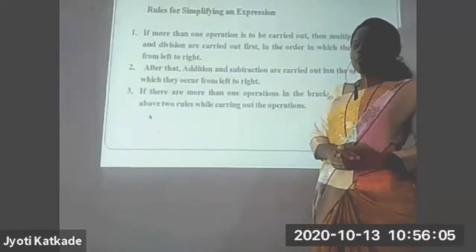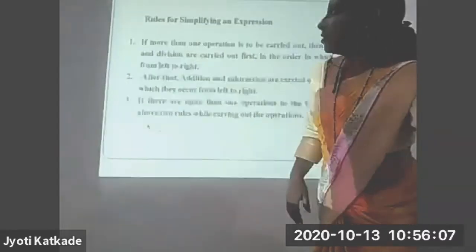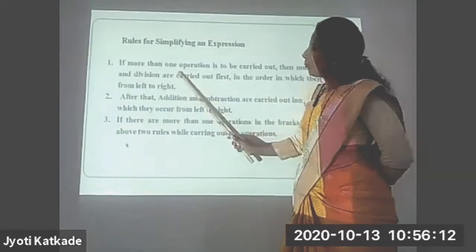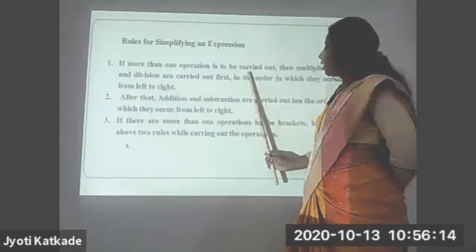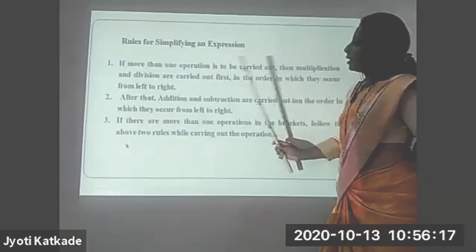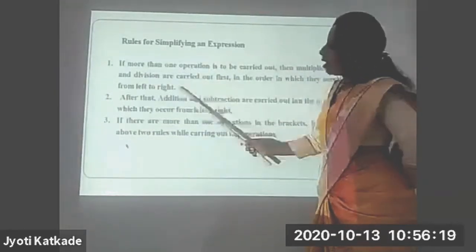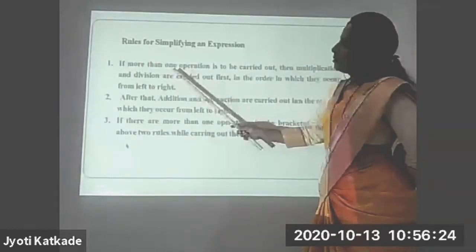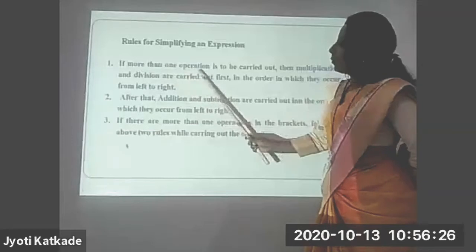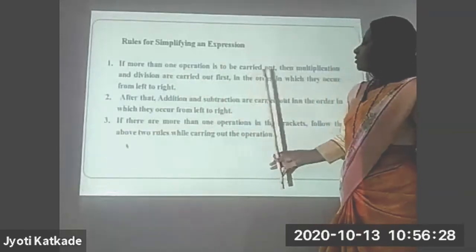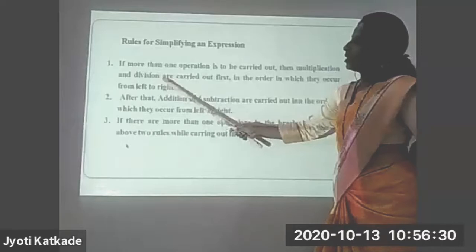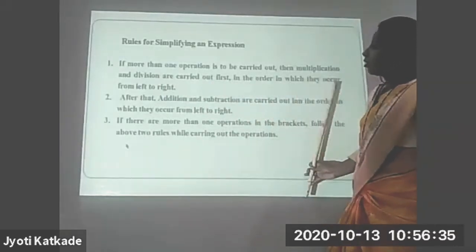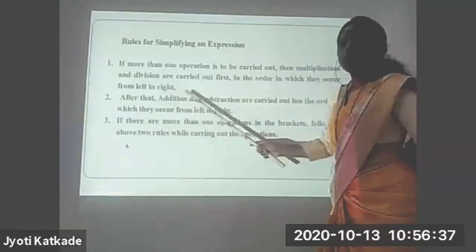Okay. Now see, first rule is, if more than one operation is to be carried out, then multiplication and division are carried out first in the order in which they occur from left to right.